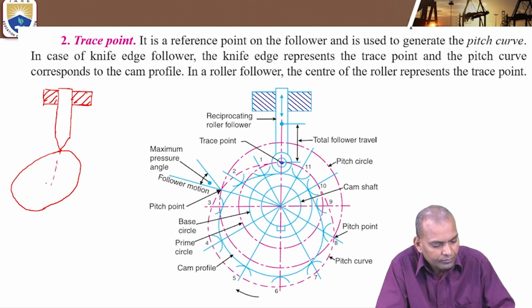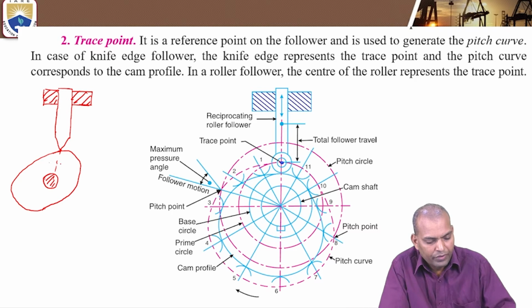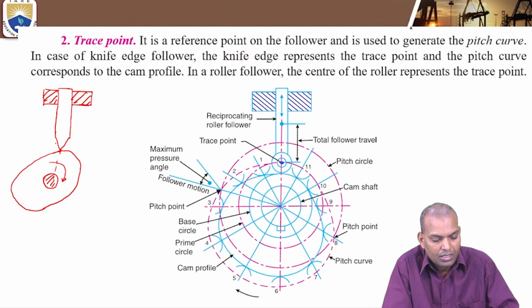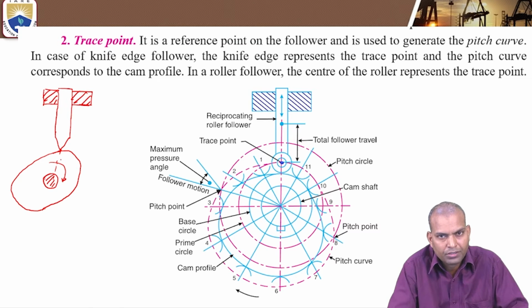Okay, this is the camshaft. So when the cam is under clockwise rotation, this knife edge is always in touch with the surface of the cam. When it is a rotary, circular motion, it stays in touch with the surface of the cam.